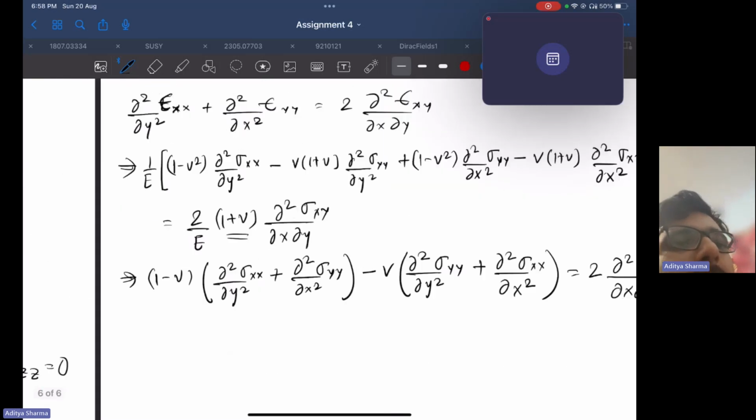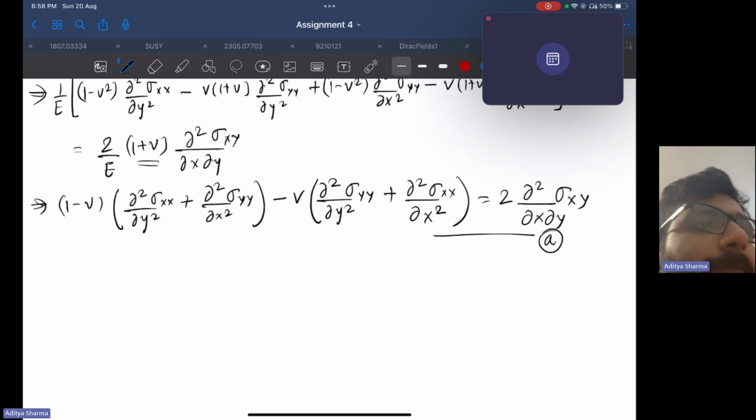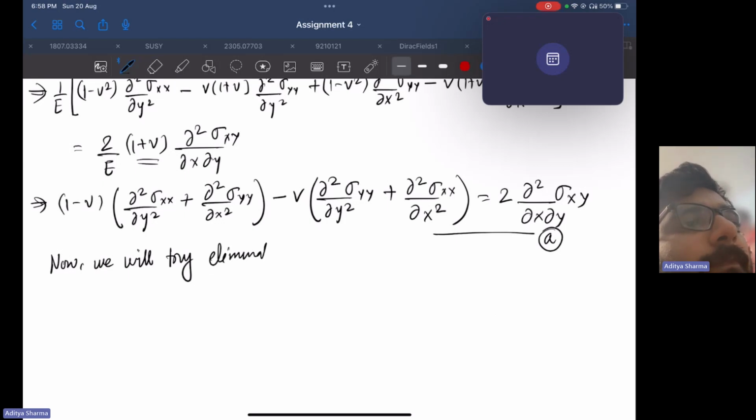So this is the main equation, and now we will try eliminating sigma xy.